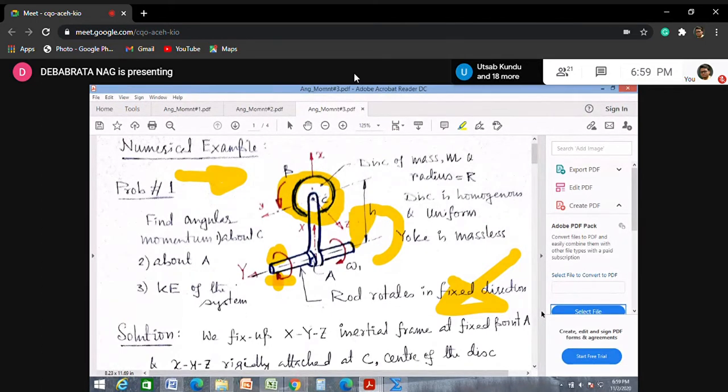So this is a fine point that you should appreciate, and this problem is a very unique problem where you can demonstrate that although the point A is a fixed point, I cannot apply the short form of the momentum angular velocity equation with respect to this.